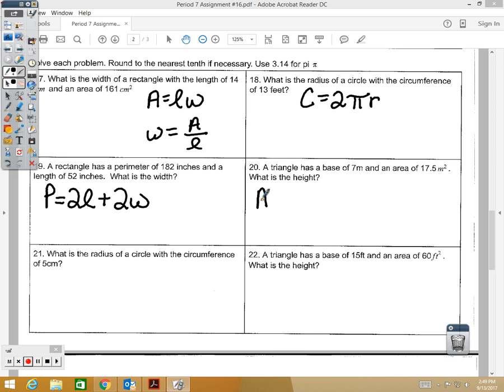So area equals 1/2 B times H. Number 21, the circumference of a circle. Again, circumference equals 2 pi r. And 22, the area of a triangle. Area equals 1/2 base times height.